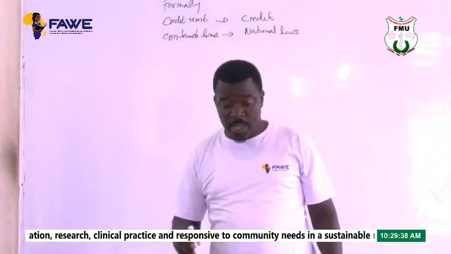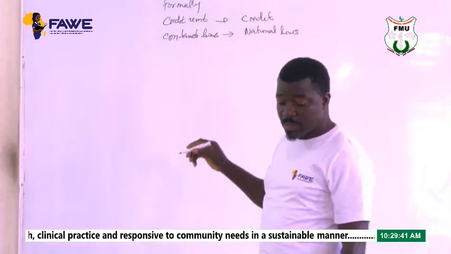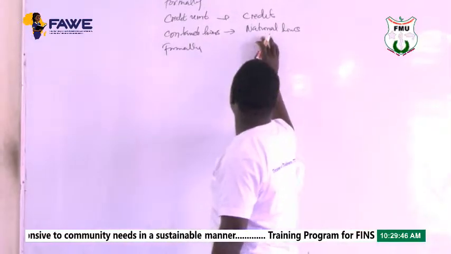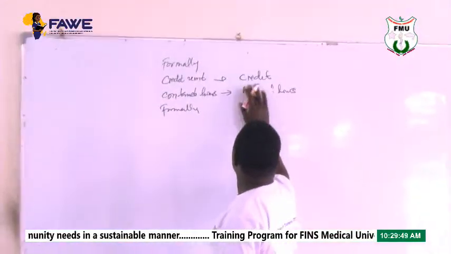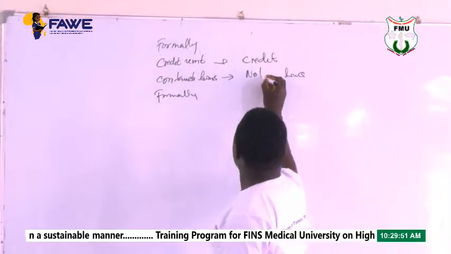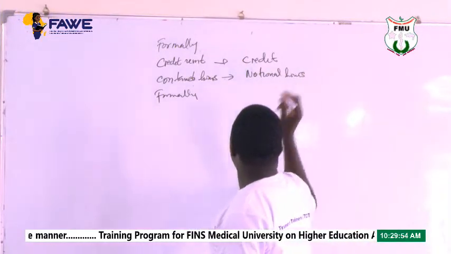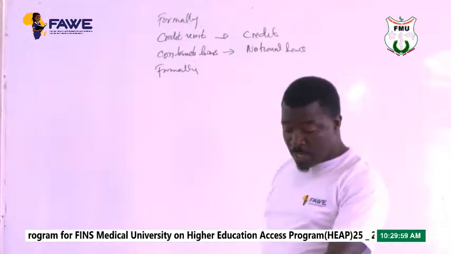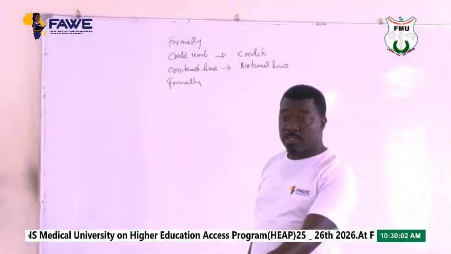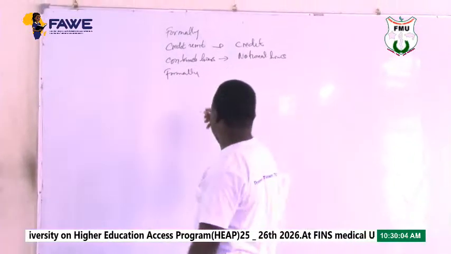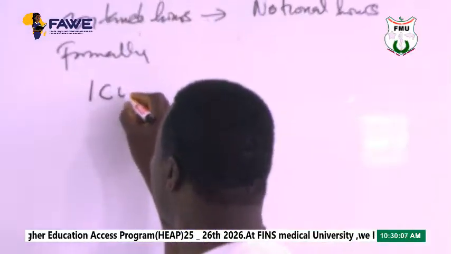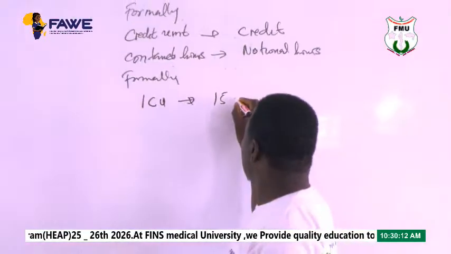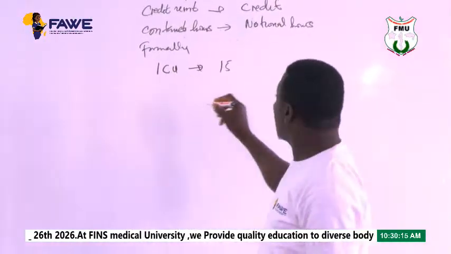And again, formally, it is not national, yes, notional hours. Again, formally, we said that one credit unit was equal to 15 contact hours.